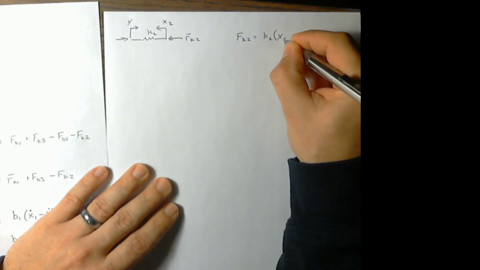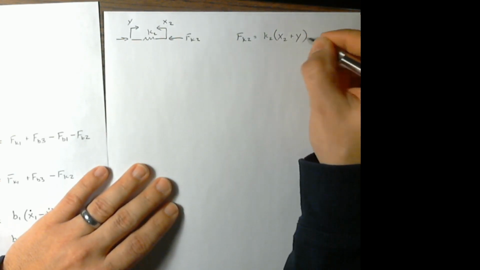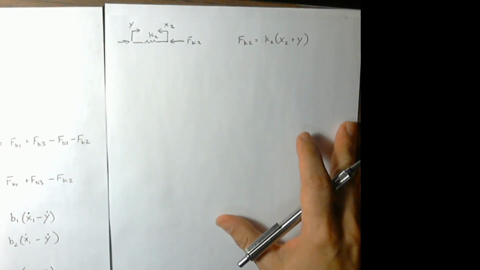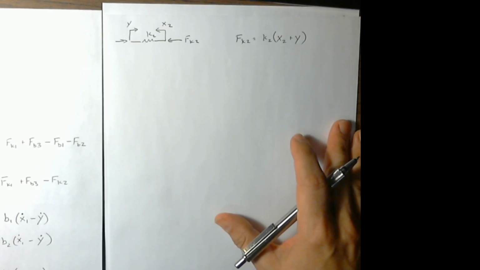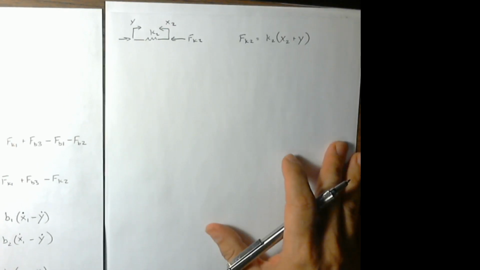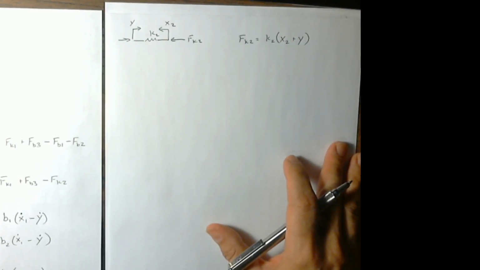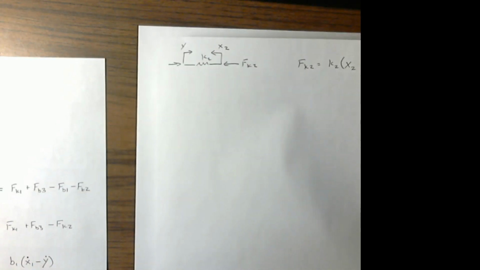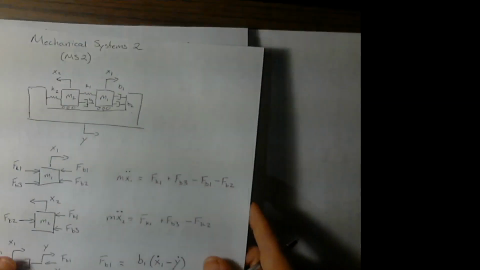So it's going to be x2 plus y. Weird. Alright, so we've got all of our free body diagrams sorted out. Now I'm going to do some magic, and I'll show you how I did it in a minute. But allow me to just aside, now that we've done all our free body diagrams, we'll come back to that in a minute.